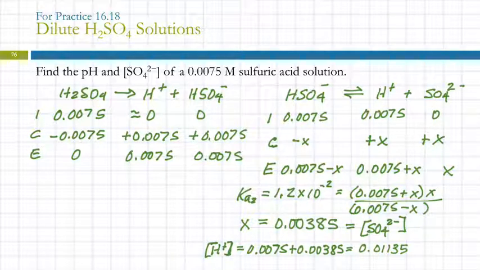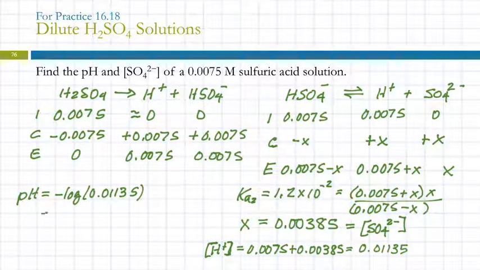And then pH is the negative log of that hydrogen ion concentration, which is 1.95.